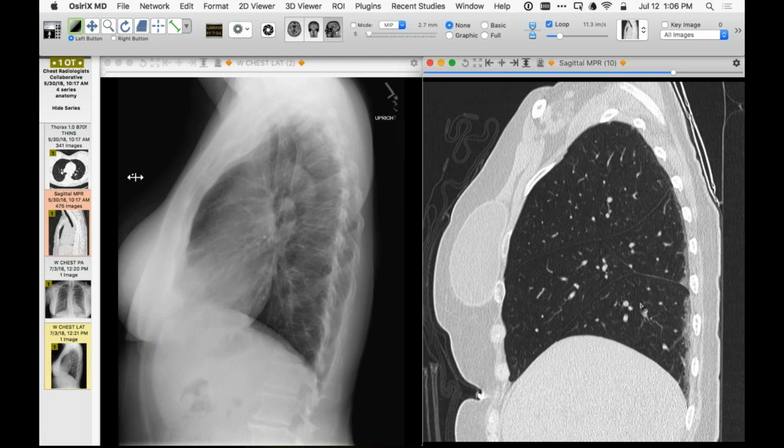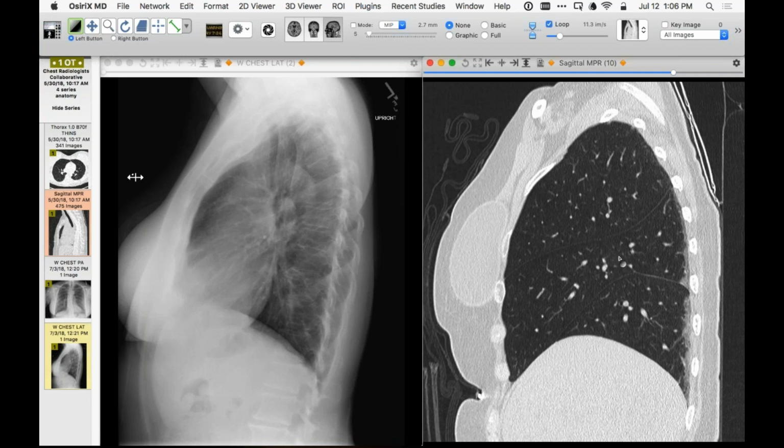The superior segment is separated from the basal segments by the fissure, right middle lobe and right upper lobe. Now this one is perhaps a little bit unusual because oftentimes this superior accessory fissure will go right there and you have something of an X formed by the fissure.